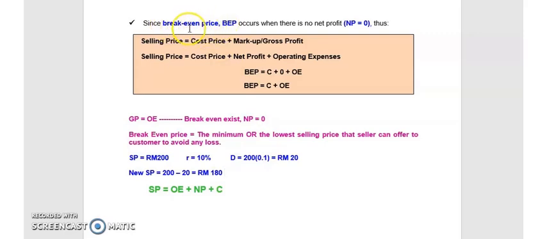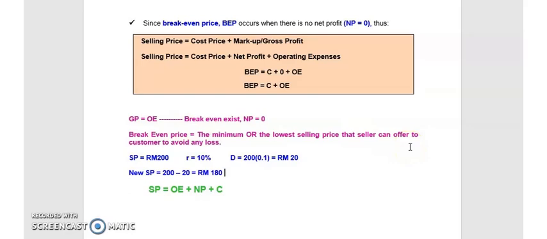Break-even price means you did not gain profit and you also did not suffer any loss. So that's why net profit equals 0. Or we can also put it as gross profit equivalent to operating expenses.